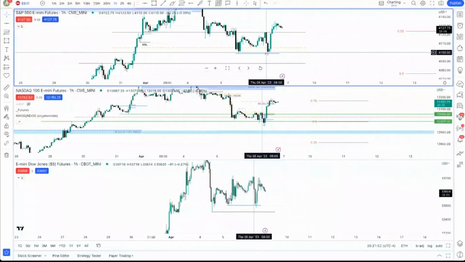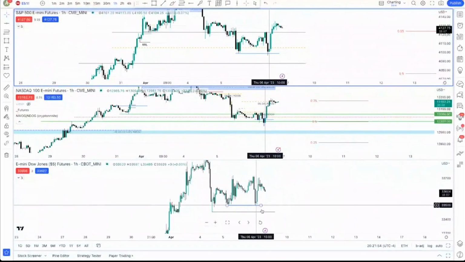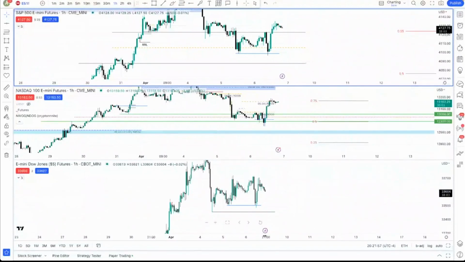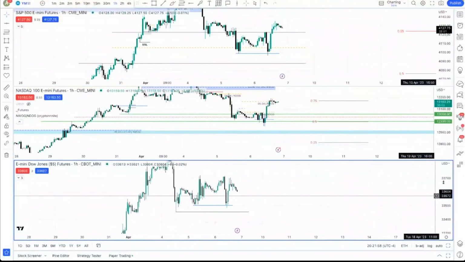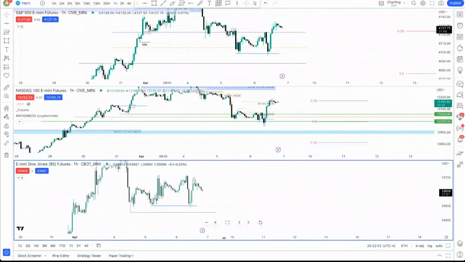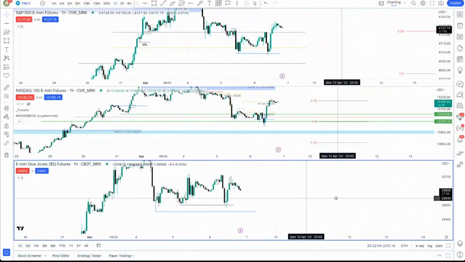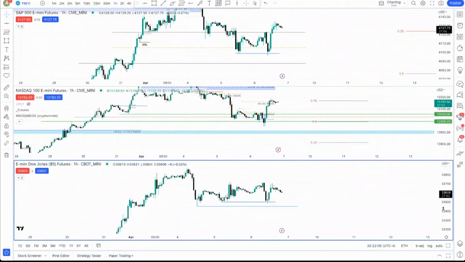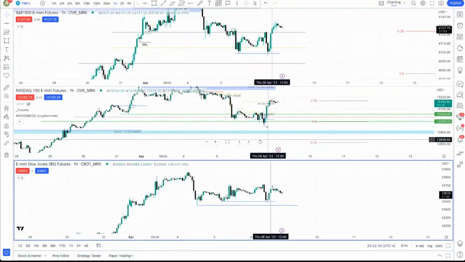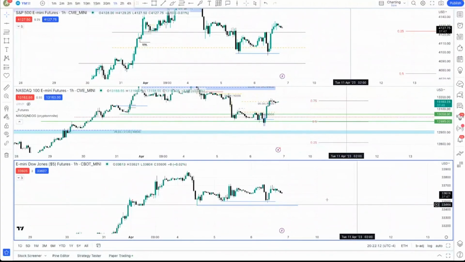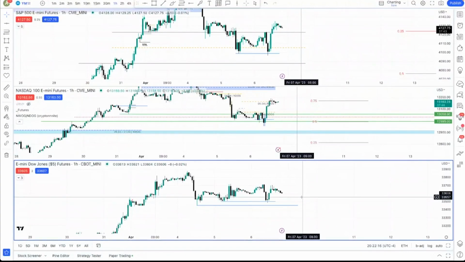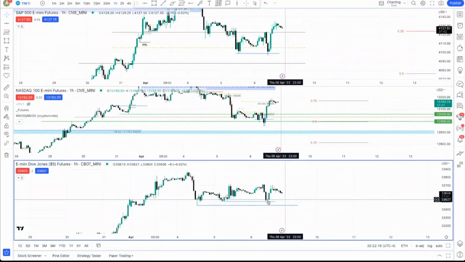These were still having to come down to grab sell side. And Dow was lagging the most. So it was like first, second, third. So you did have that where YM and ES were kind of playing catch up.